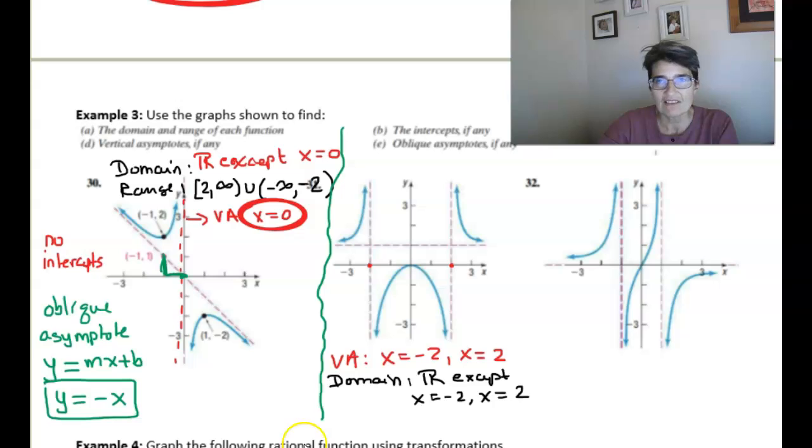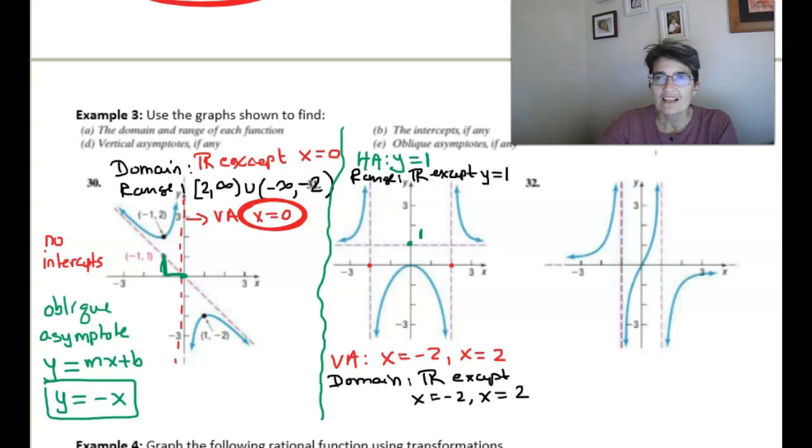All right, now let's look at horizontal asymptotes. So horizontal asymptotes, you see this horizontal line here that goes through y equals 1. So there's a horizontal asymptote at y equals 1. And that helps with finding the range. Okay, so the range is going to be all real numbers except for y equals 1.